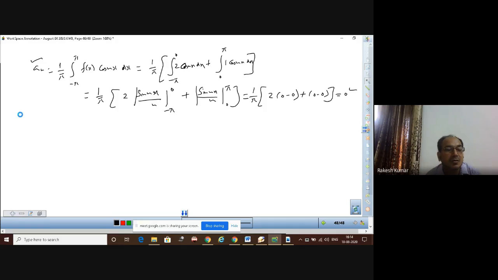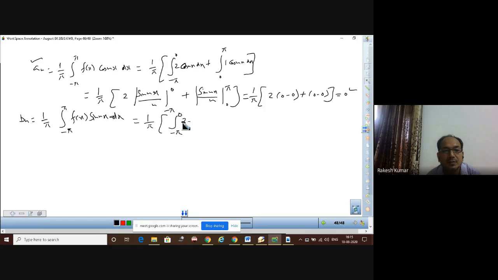Now you can find the value of the third Euler constant, which is Bn. The formula is 1 upon pi, integral from minus pi to pi of f of x into sine of nx dx. You can split the interval into two parts again.